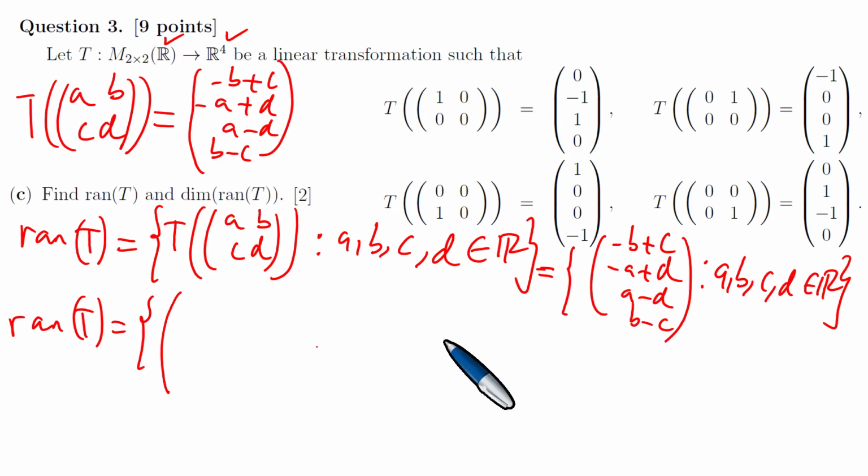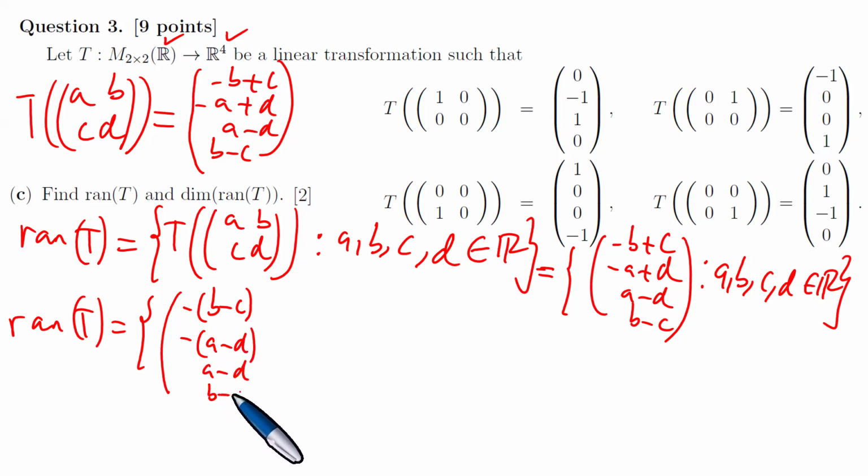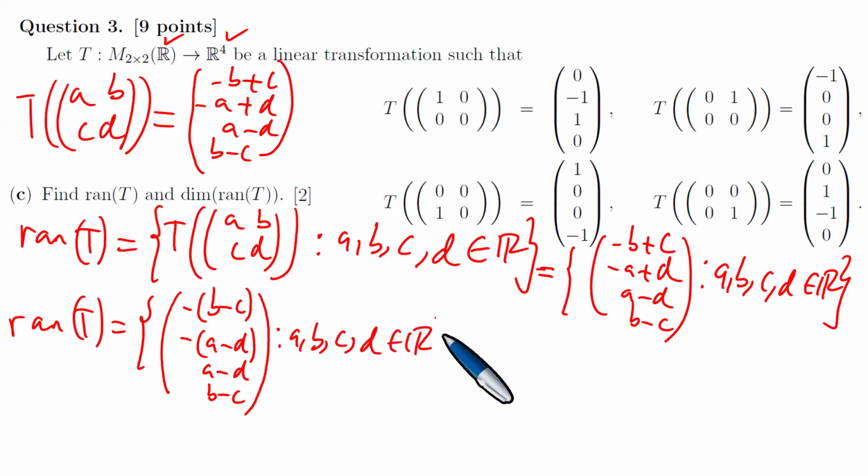Like the first and the last are the same, so we can write here minus, then we have B minus C. And then next we take minus and write A minus D, and then we have A minus D, and then we have B minus C. Okay, you can write it like this, such that this is A, B, C, D, and these are real numbers.